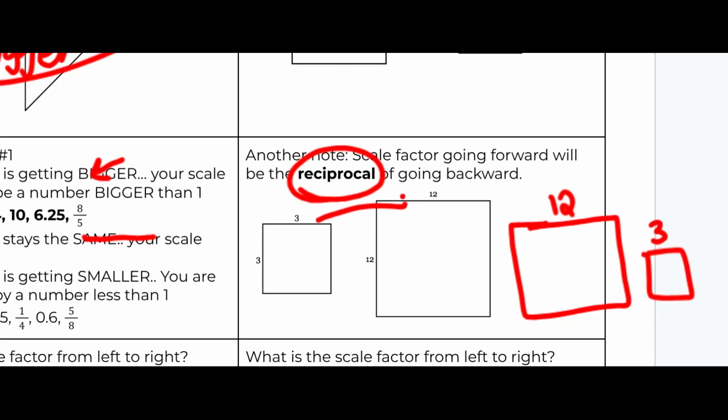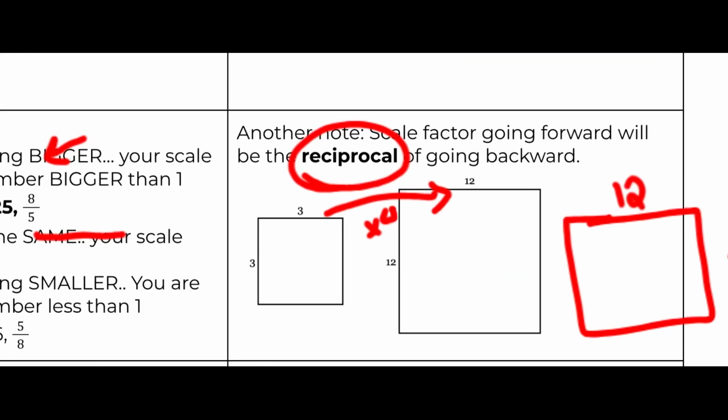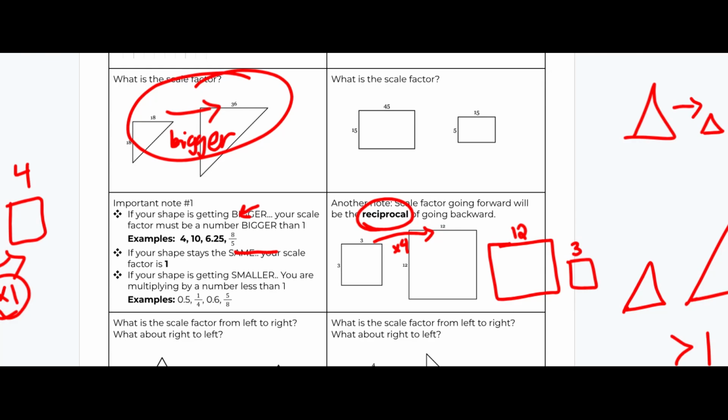And I would agree that from 3 to 12 is times 4. But if we are going from 12 to 3, you can't multiply by 4 and get bigger and then multiply by 4 and get smaller. That just doesn't even make sense, okay?